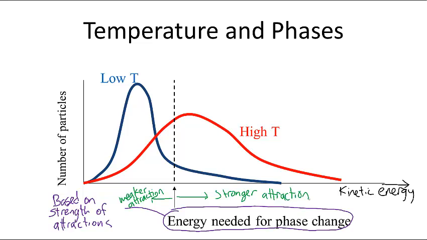Now the key point that I want you to take away from this graphical representation is that there's always going to be some molecules in this tail on the right that have enough energy to undergo the phase change, have enough energy to break away from their intermolecular attractions. And that's going to be represented by everything under this tail.